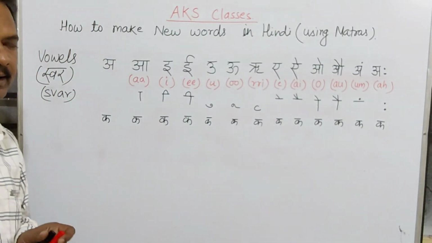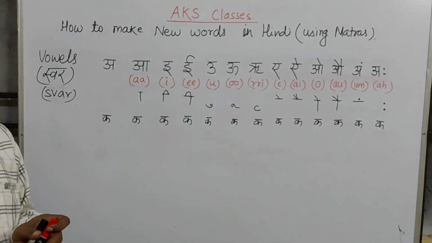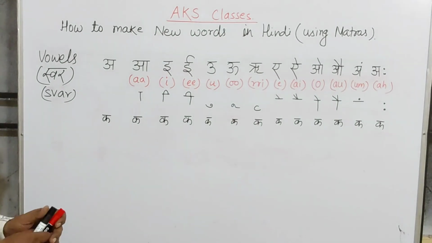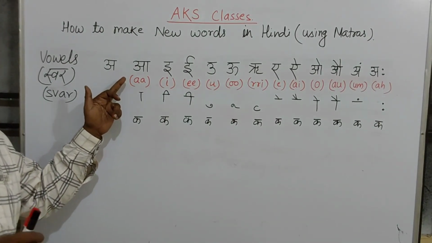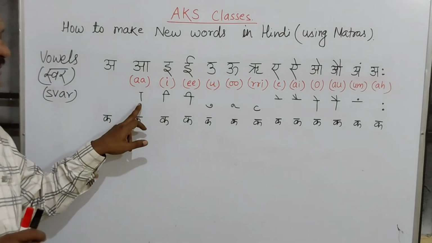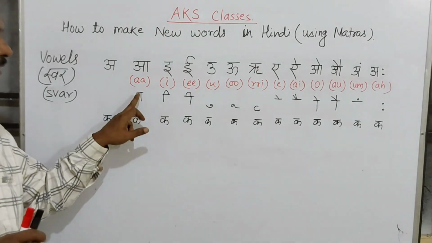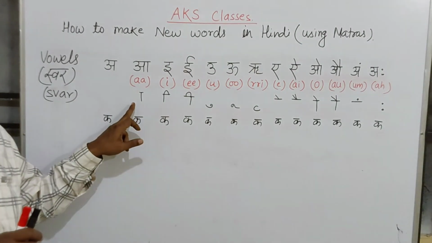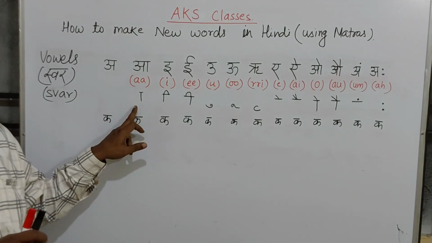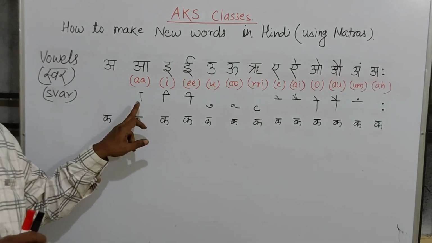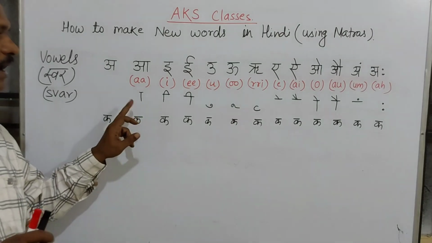So let us understand what those matras are. For the aa sound, we use a straight line. We call it the matra of aa.